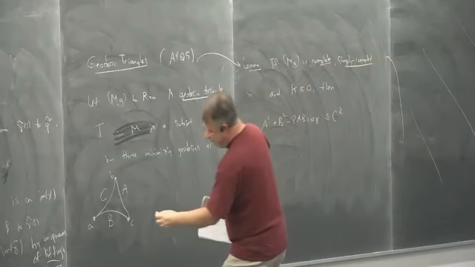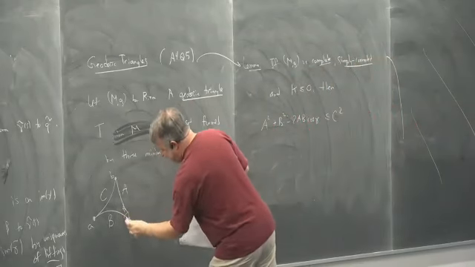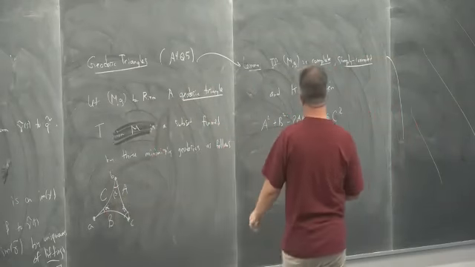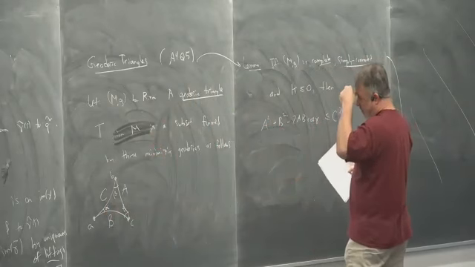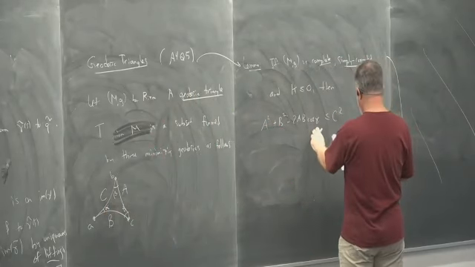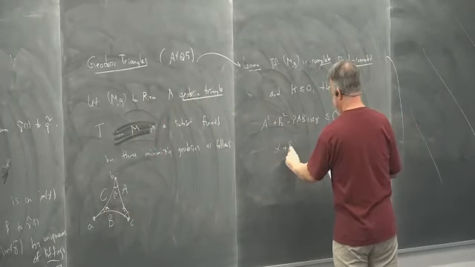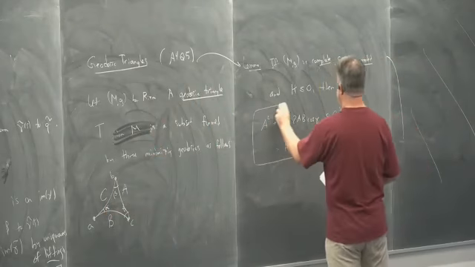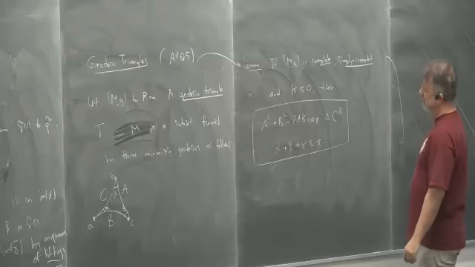So this angle is gamma, this angle is beta, and this angle is alpha. Those are the angles between the tangent vectors at the initial points. And alpha plus beta plus gamma is less than or equal to pi. Okay, so you did this on the homework.